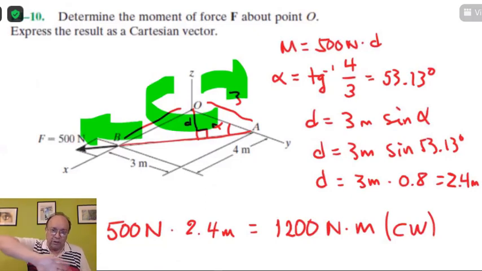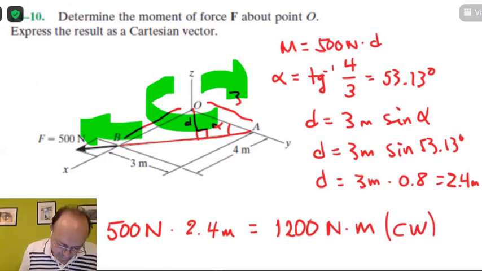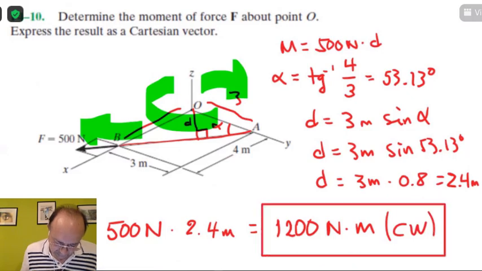Strictly speaking, you go with the right hand rule, and this will be a moment that is going as a vector in the direction of the negative z. So you could state that it's a vector going into the negative z direction. But this should be good enough for the purpose of our class here. All right.